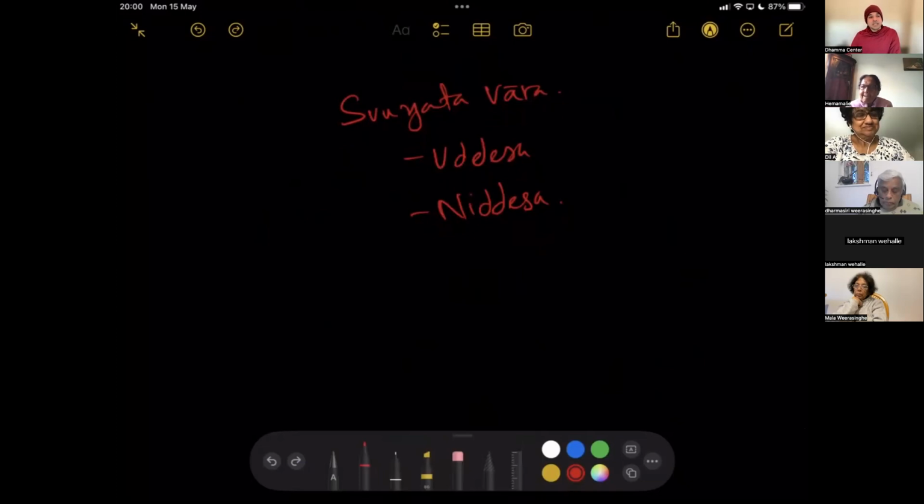So Uddesa, Niddesa, Patiniddesa is also something that we see in the dhammas. Some dhammas, for example, if you take the Samyutta Nikaya, or the Dhammapada, or the Theragatha, Therigatha, it's very short, 4 verses. You can offer some Niddesa into it and elaborate on it a little bit more, but not spoon feeding.